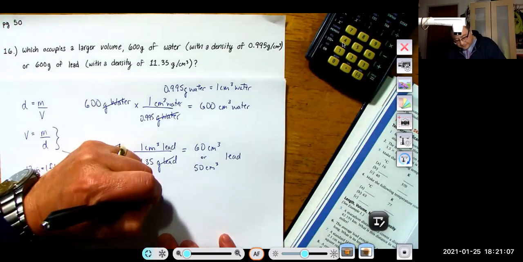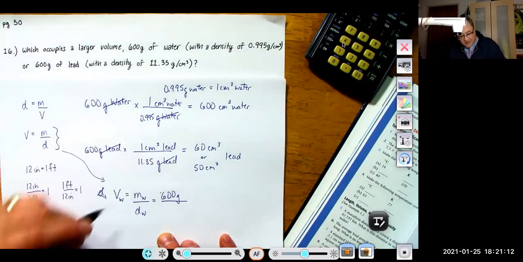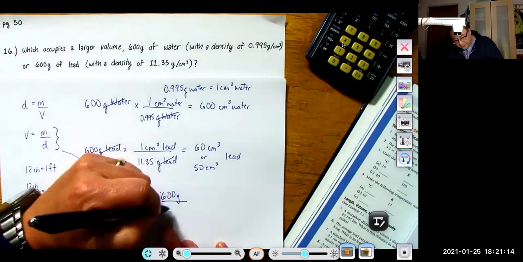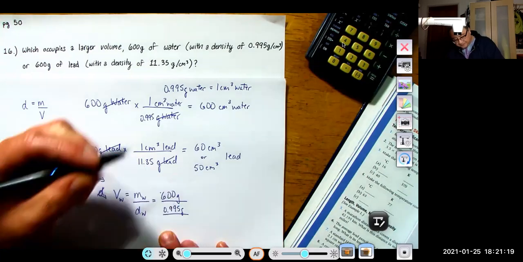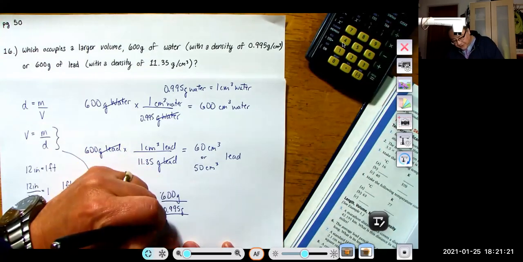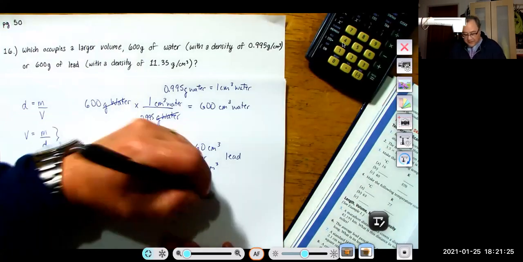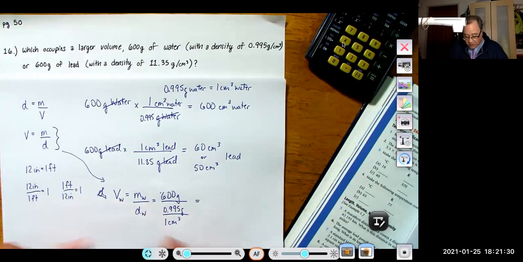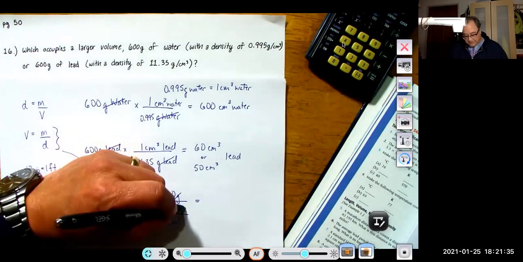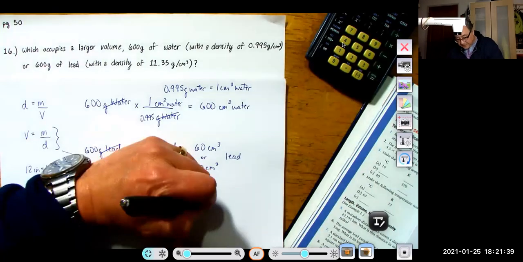So we have 600 grams divided by the density of the water, which is 0.995 grams per 1 centimeter cubed. And here I don't feel as obligated to put water here because I have these symbols W here, which means water. And here I think we can see that the grams cancel. We still have 600 divided by 1, which is 600.